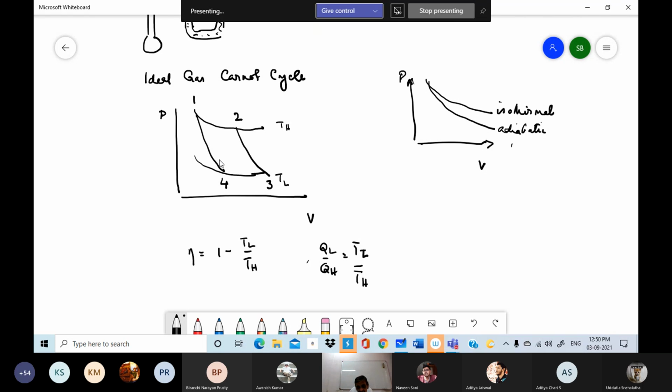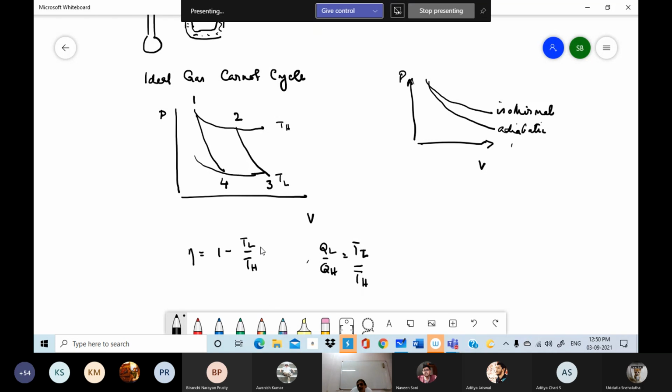Now, if I assume the TL and TH as defined from the gas laws, that is the temperature which you would observe from the ideal gas thermometer, that gives you a Carnot efficiency for the ideal gas Carnot cycle to be this.